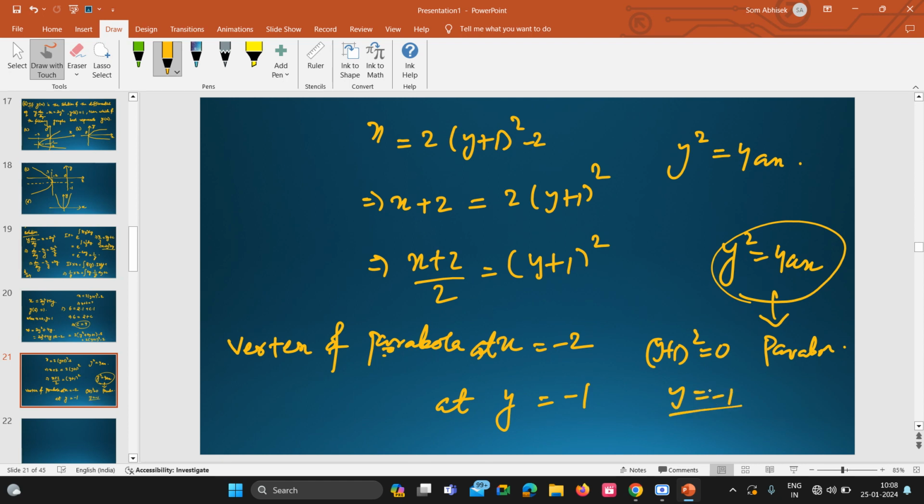Now let's put y is equal to 0. Okay. When y is equal to minus 1, x is equal to minus 2 here, right? Yeah, minus 2.